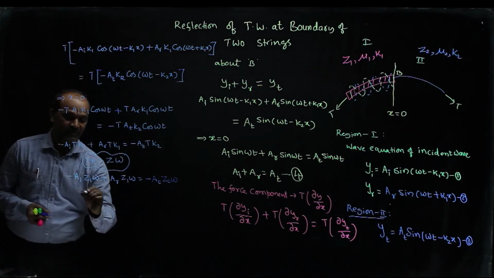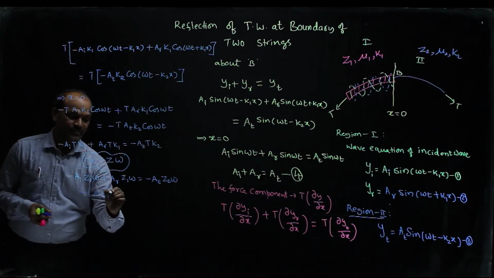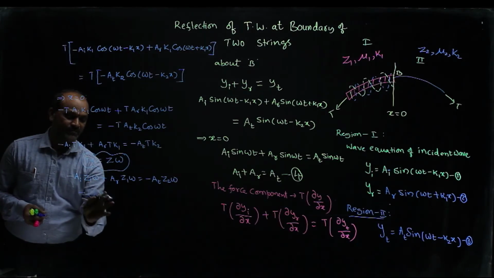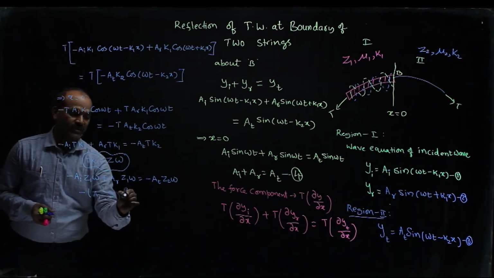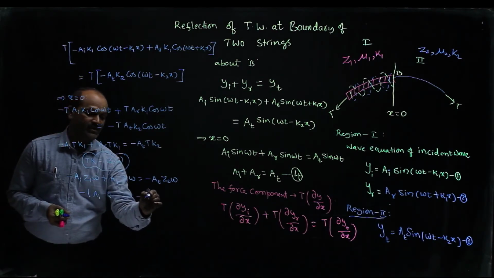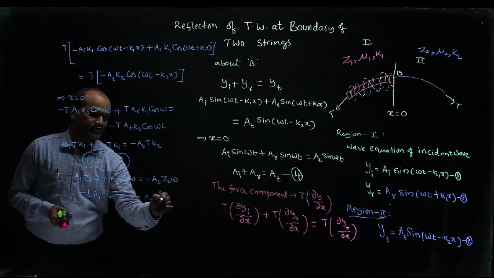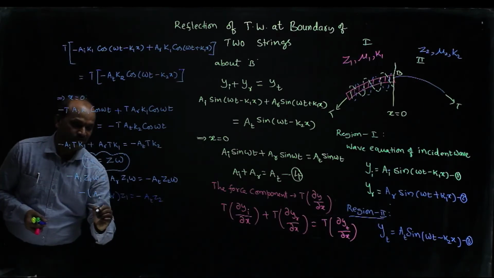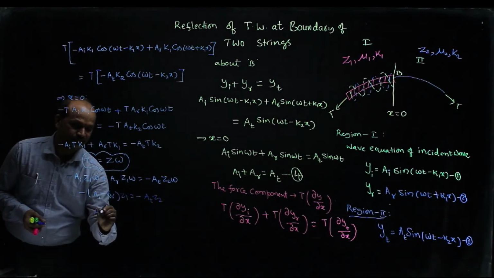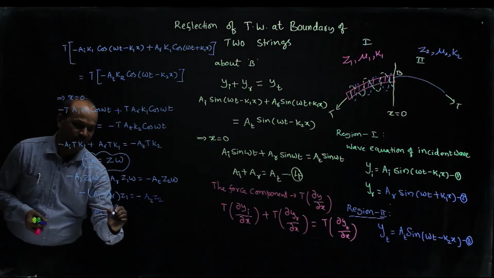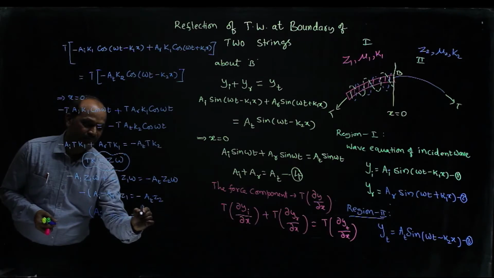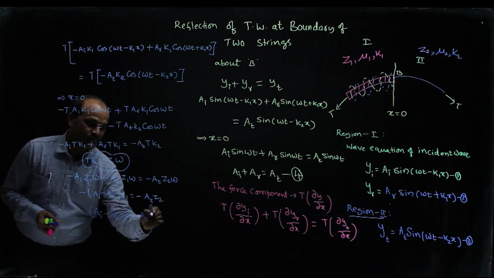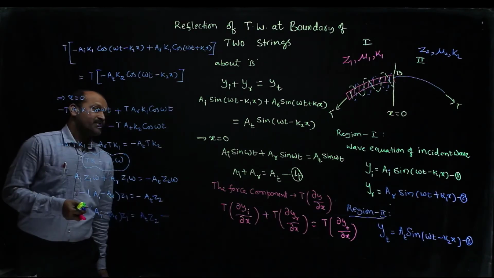Now if you take Z1 common, we have (Ai minus Ar) into Z1 is equal to minus At into Z2. The minus also we can cancel. So here we got (Ai minus Ar) into Z1 is equal to At into Z2. This is equation 5.